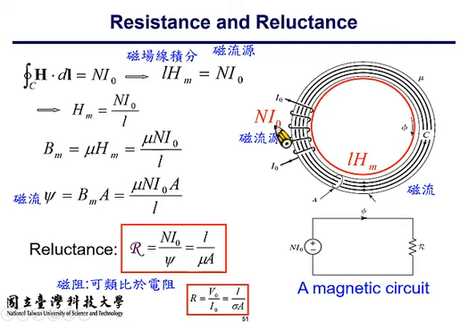And the total magnetic flux phi can be found by the product of the magnetic flux density and the cross-section area A of the ferromagnetic core. So you have this relationship by identifying that Ni over phi, the source over the flux, the ratio of the source and the flux.